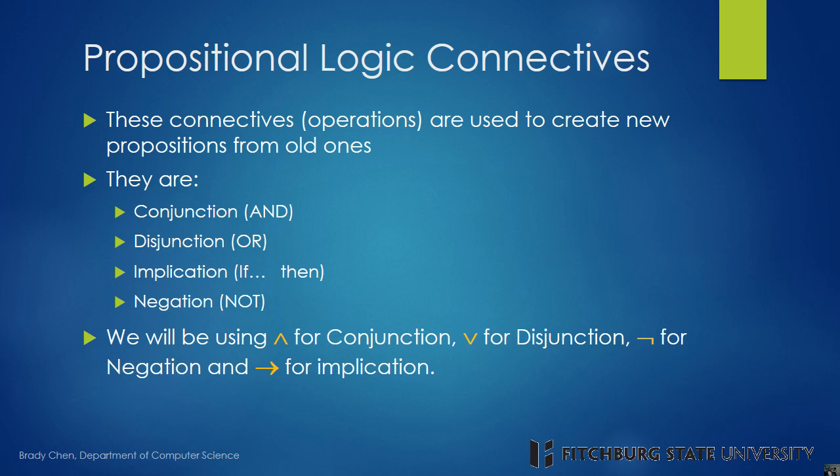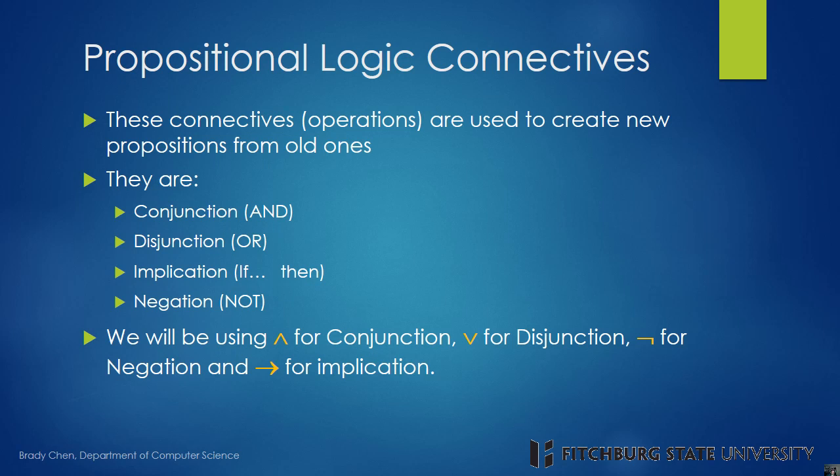Now, people are more interested in knowing how to create a new proposition from older ones, typically simpler ones. In order to do this, we need to define some logical operations. These logical operations are sometimes called logical connectives.